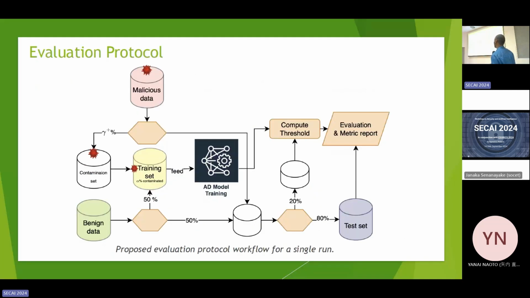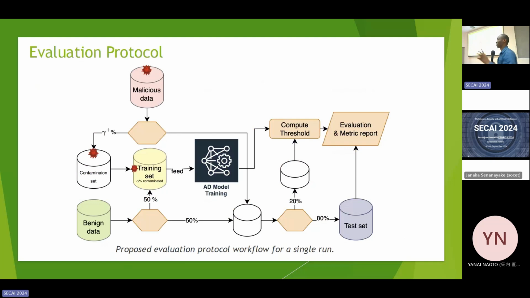So here is the evaluation protocol that we use for a single run. The benign data set is split and part of it is used for training. Training is expected to contain only benign data, but here we introduce malicious data into that training set to violate the hypothesis of having clean data.